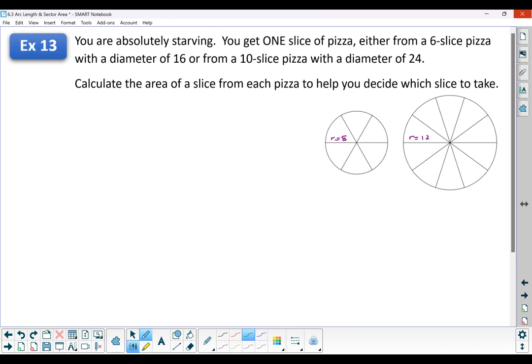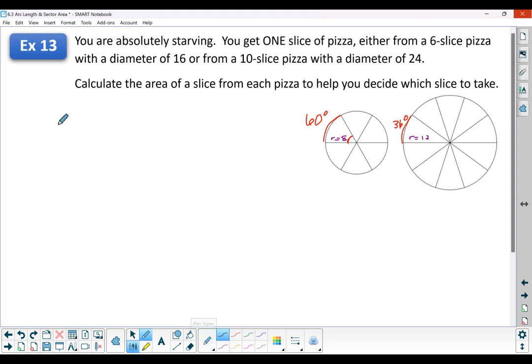So we need to know the angles here. If we're thinking about this circle, that's a 360 degree circle that's divided into 6 parts. So each of them is 60 degrees. Well, the other pizza is 360 degrees divided into 10 slices. So each of the slices is 36 degrees arc measure.